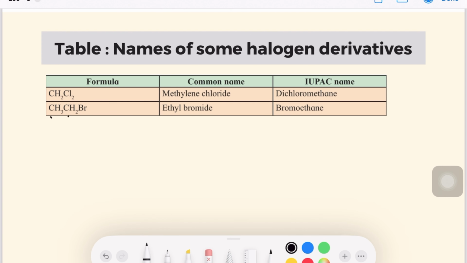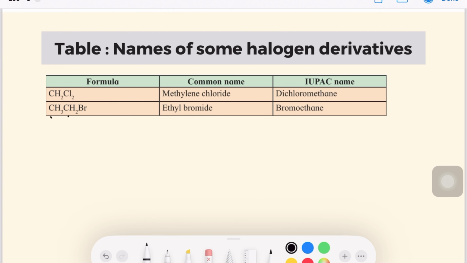Here 2 carbon atoms are there to which the bromine atom is attached, and all are sp3 hybridized carbon atoms. In common names, what type of alkyl group is it? Ethyl, because it contains 2 carbon atoms and the halogen is bromine. So it is named ethyl bromide.